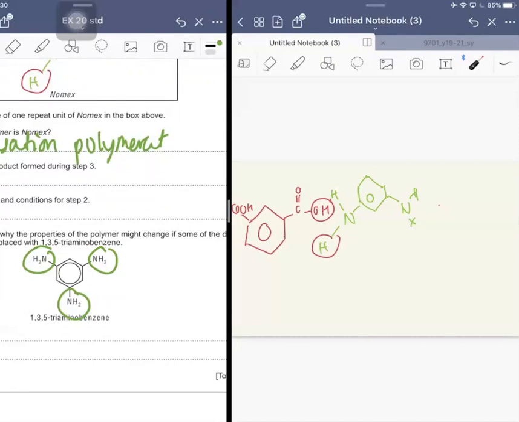Because you have more or stronger hydrogen bonds, the material also gets stronger, it gets tougher. So we say that it gets tougher due to H bonds.